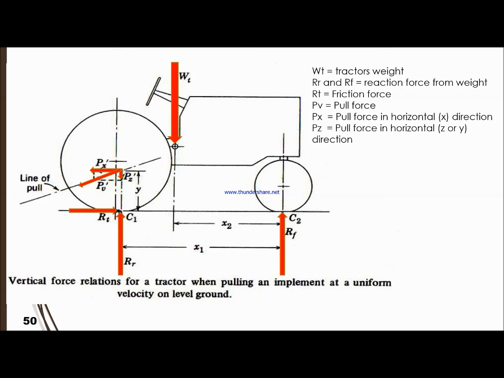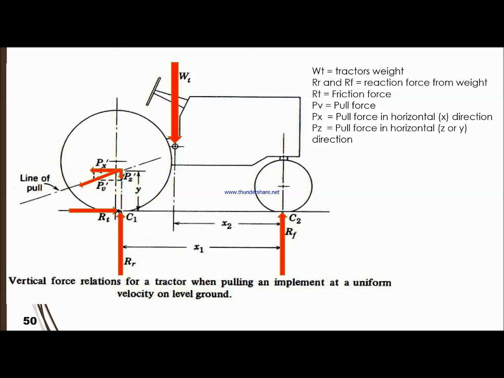So the relationship in terms of the vertical force. While pulling the implements, this figure just wants to give you some background on the engineering aspect, what we are actually concerned about, the draft force. Behind it we have a line of pull.